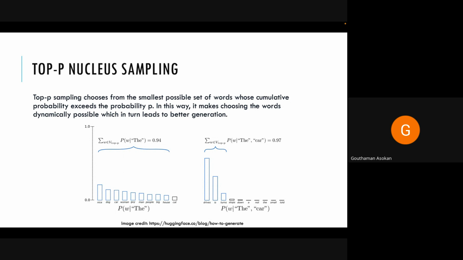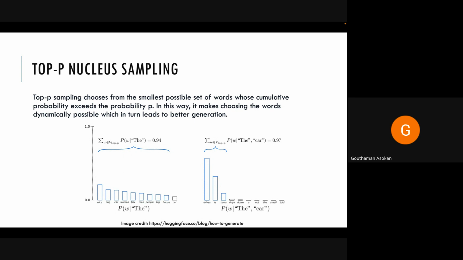For the next sequence this can be some 10 tokens, so 10 tokens could together pass the threshold. Again, the next sequence could have 20 tokens. In this way, we dynamically choose the tokens based on probability. This works a lot better than top-K predictions.